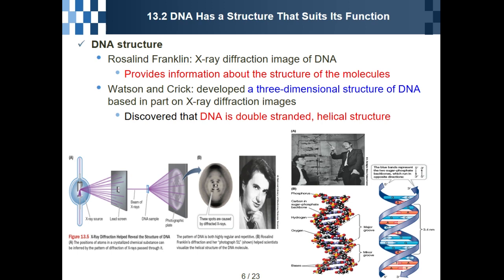But based on this X-ray film result, she didn't know what this was. But based on this X-ray film result, Watson and Crick realized this pattern only comes when DNA is a double helix.